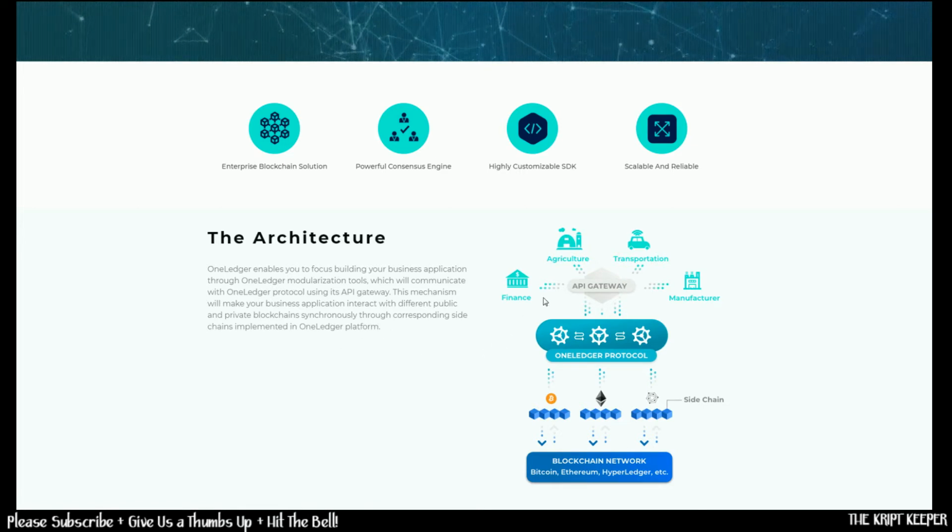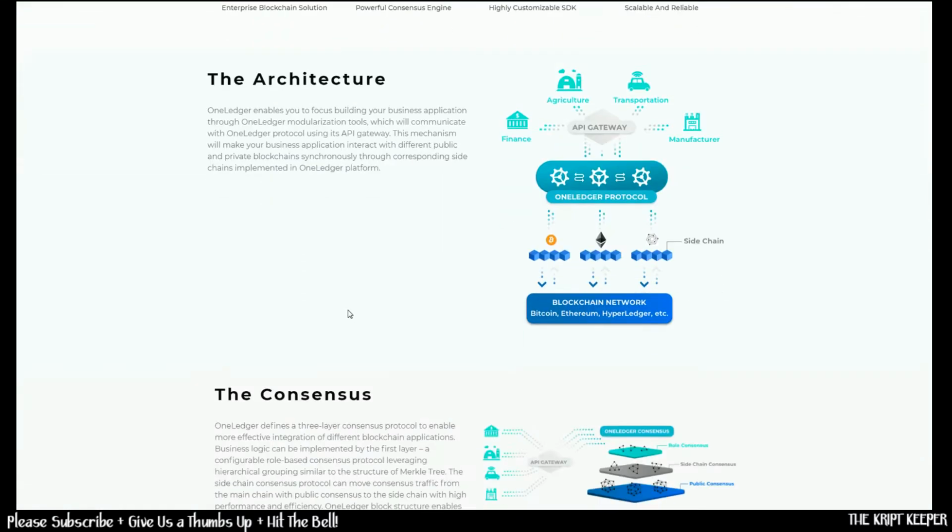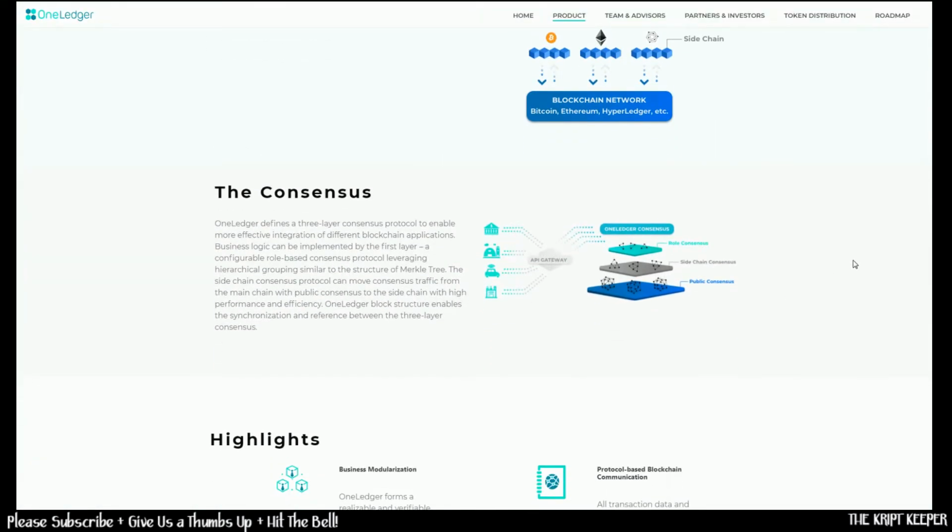So you can see here, finance, agriculture, transportation, manufacturer, going through the API gateway, and then going through the OneLedger protocol, splitting them up into the different blockchains that are required, Bitcoin, Ethereum, sidechains shown there, and then coming out with the results that you are after at the end for your applications. Again, a little diagram there describing exactly how that's going to work. There's a role consensus, sidechain consensus, and public consensus.